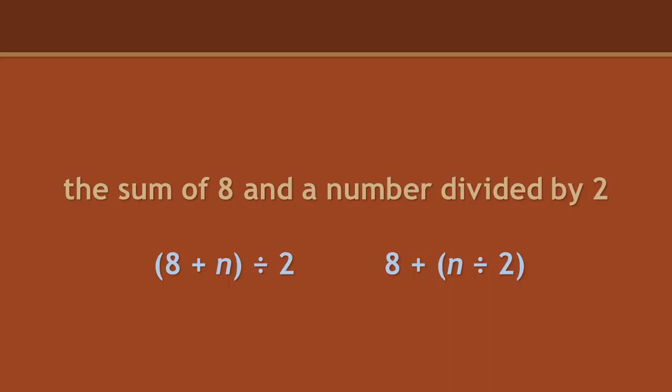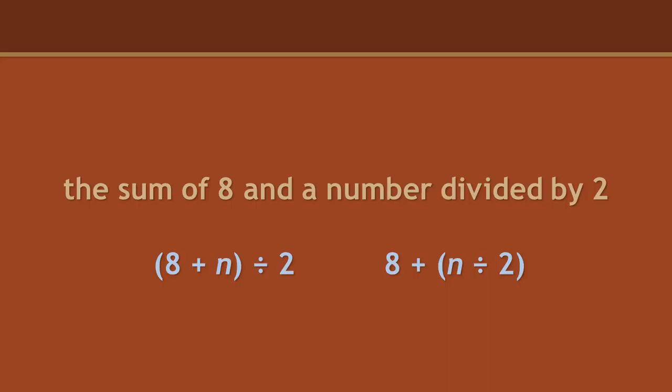Now I have 2 examples here of expressions, and we need to determine which one is the right one. Which one do we have correct when we're talking about order of operations? Well, let's take a look at our problem again. It says the sum of 8 and a number divided by 2.